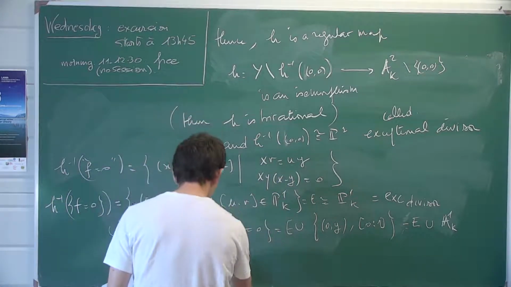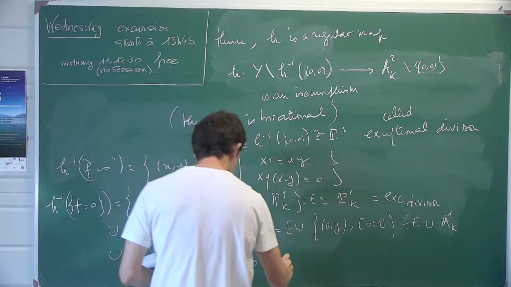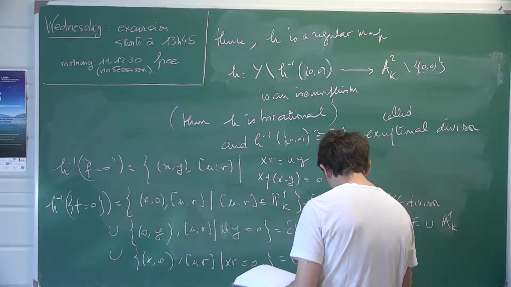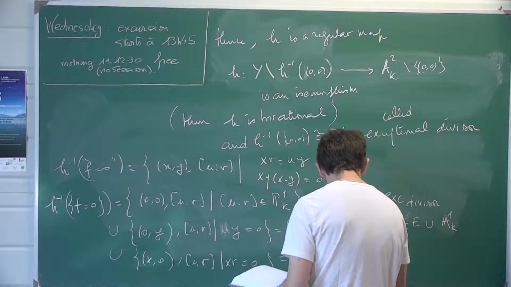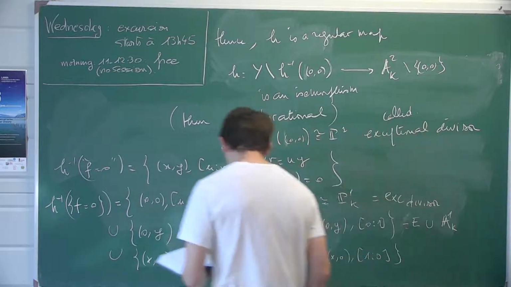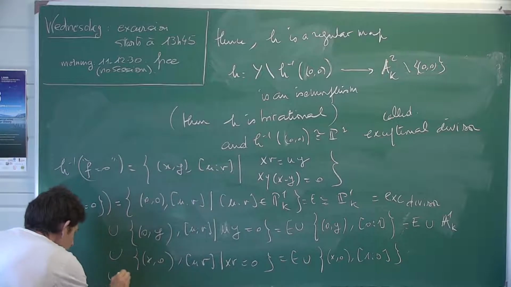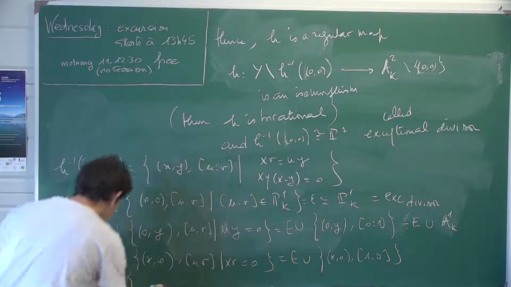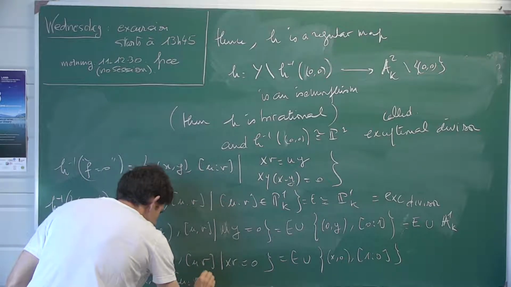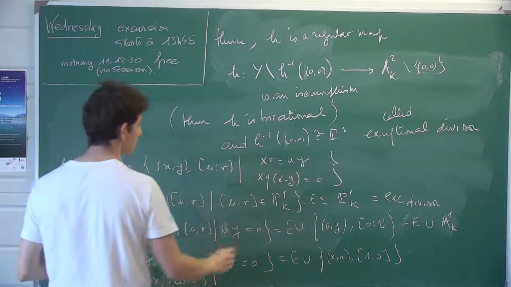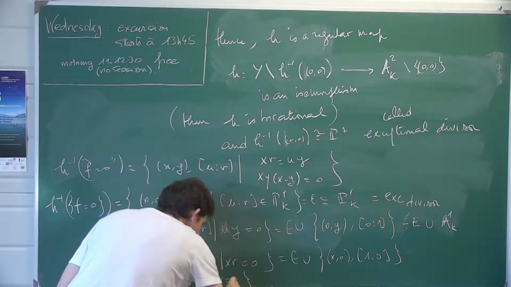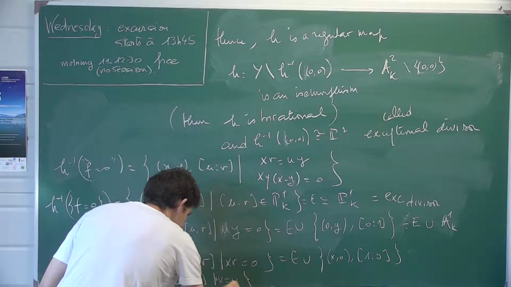So here you have xv equal to 0, and this is E union a line. And the last case, where x equals y, and here you impose that u equals v. xv, xu.